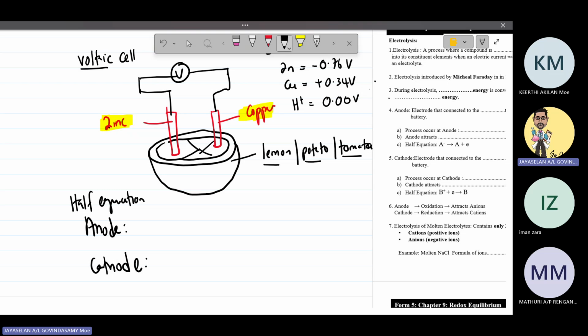Understand? Madhuri can understand this one, did it at school. This one I'm not sure. Okay, we do together.